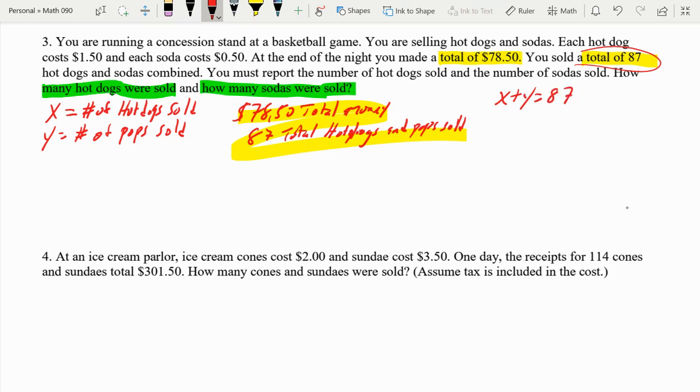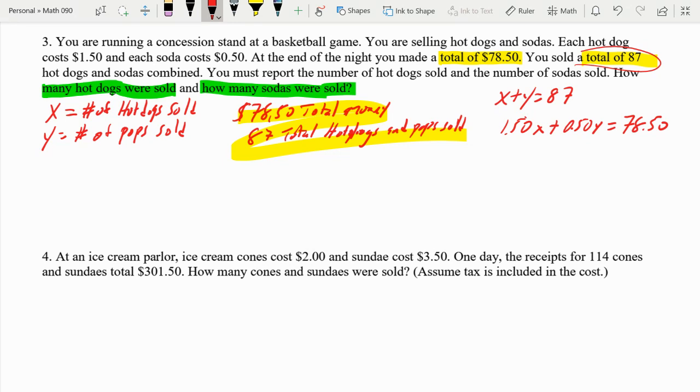And then what was the other one? The other one was, how much did each hot dog sell for? $1.50 plus 50 cents per pop, and that gave us a total of $78.50.